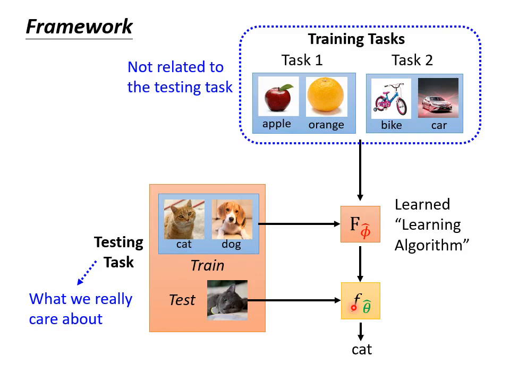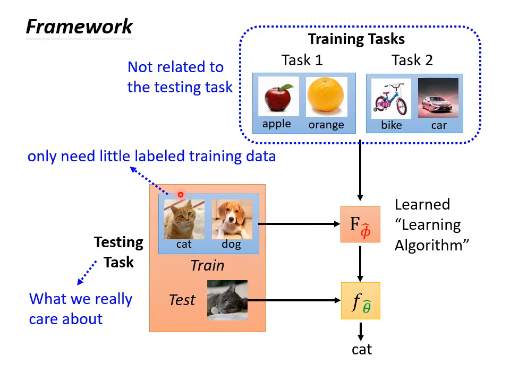And the training tasks are not necessarily related to the testing task. Hopefully, with lots of training tasks, which are not related to the testing task, we can find a good learning algorithm, and this good learning algorithm can be applied to the testing task. Hopefully, the learned learning algorithm is so powerful that on the testing task, we only need a little labeled training data to obtain the result.